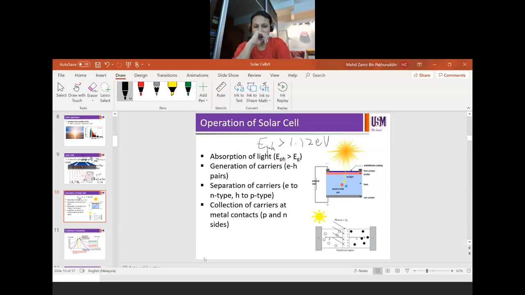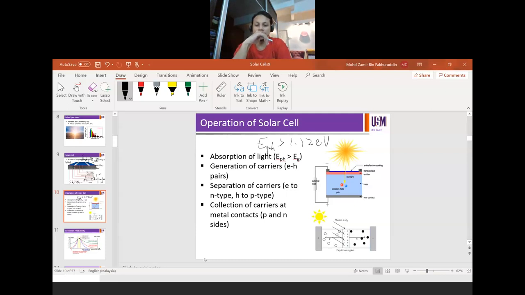Are they going to get absorbed? Okay, what happens to the photons with energy less than 1.12? Yeah, they're not going to get absorbed, right? Because the energy is not enough to knock out the valence electrons.